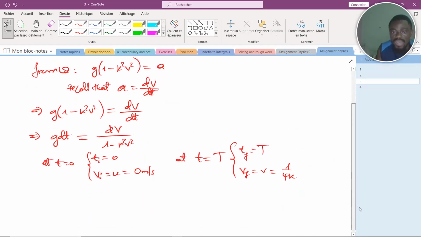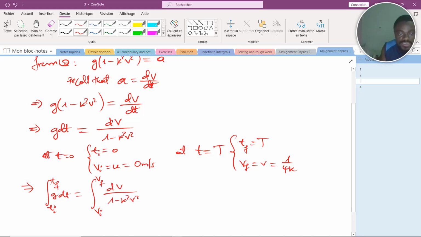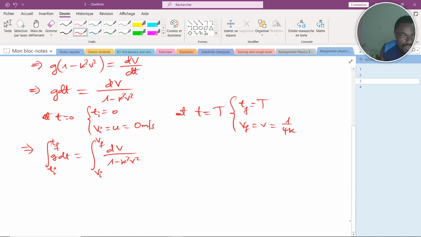Is that okay? We already have our initial and final conditions. So this implies the integral from t initial to t final of g dt must be equal to the integral from v initial to v final of dv over 1 minus k square v square. So I'll substitute things.